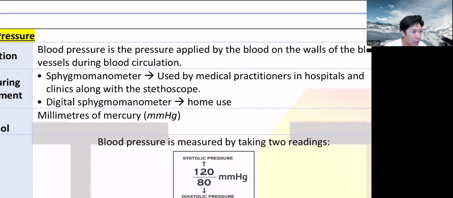Right, correct spelling. Okay, all good.